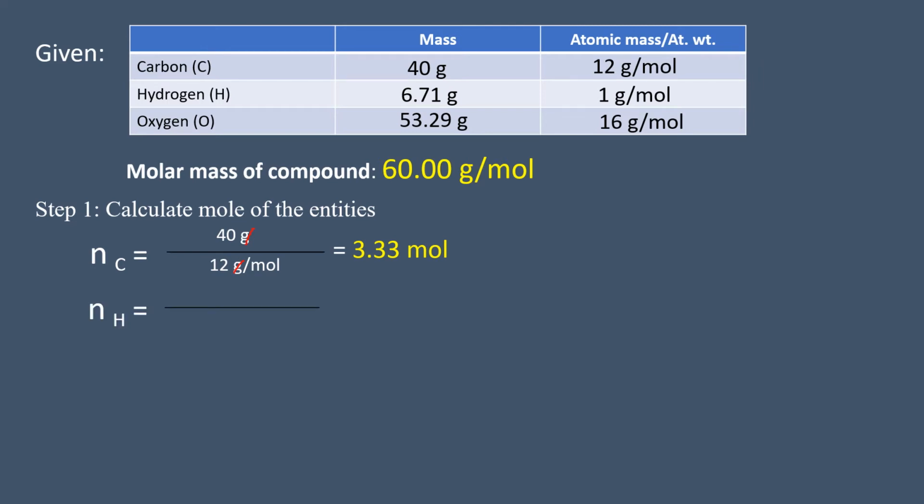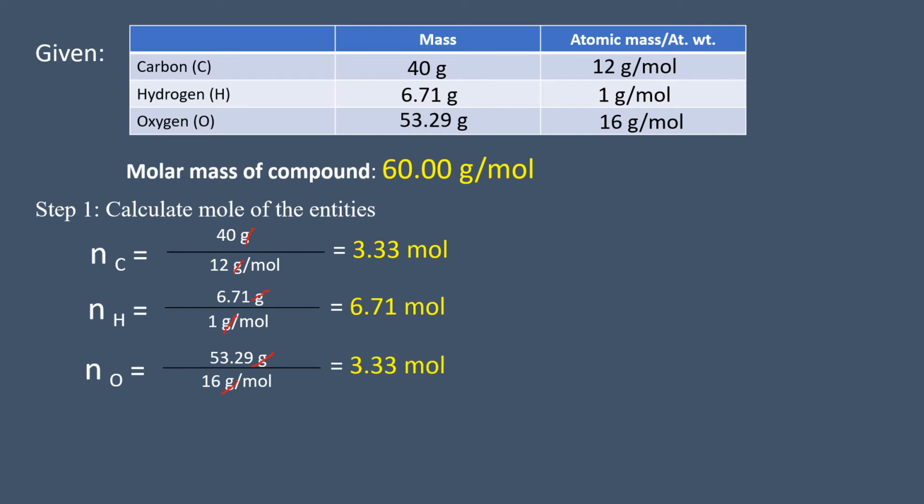For mole of hydrogen, we have the mass of hydrogen is 6.71 gram divided by 1 gram per mole. So cancel gram together, and you will get 6.71 mole. For mole of oxygen, we have 53.29 gram divided by 16 gram per mole. Cancel gram together, and then the value is 3.33 mole.